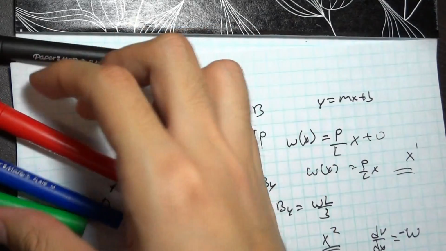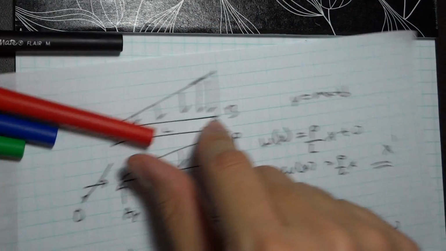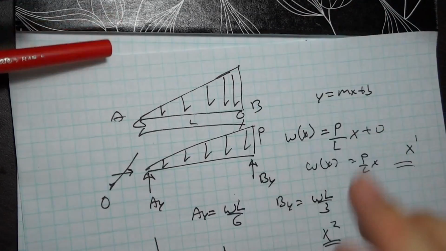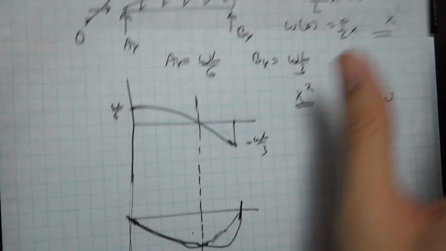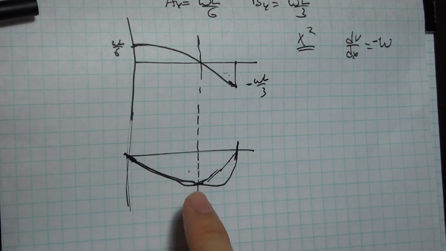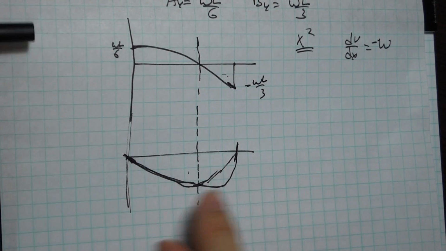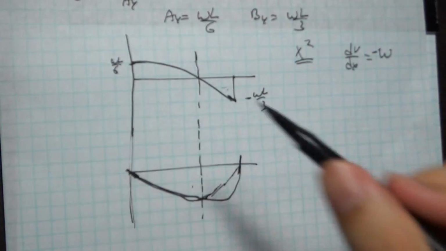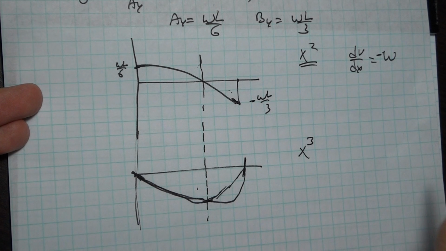And that's the same thing you should expect here. You have a higher load here, so your maximum deflection should be located closer to B than it is to A. And you have that here. You have your 0 here, your minimum or maximum here is closer to B than it is to A. And this is a cubic function. This is on the order of x to the third.